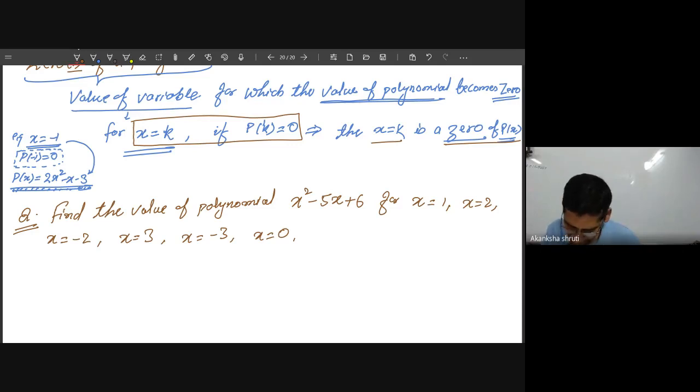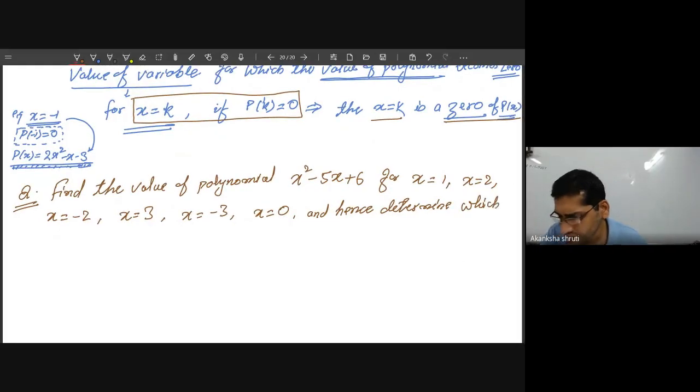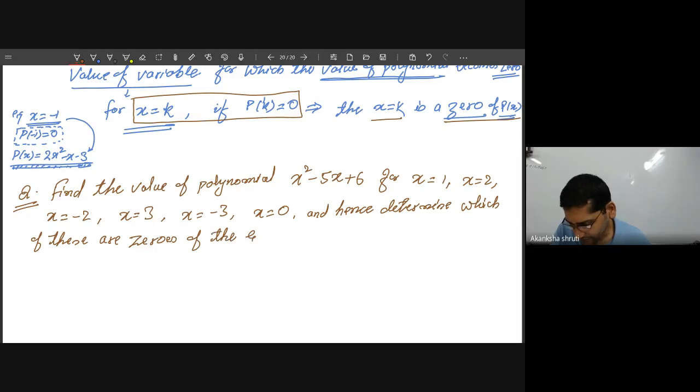For these values of x you have to find the value of this polynomial, and hence determine which of these are zeros of the given polynomial.